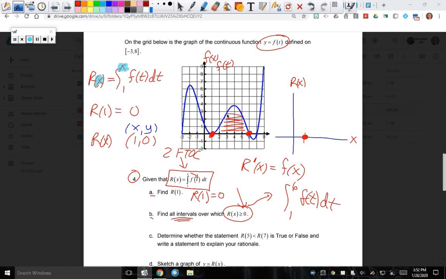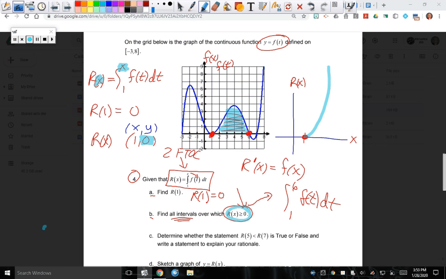So that's like if you were on the 0 floor and you endured a positive displacement, you would go up, which would be positive or above the x-axis.